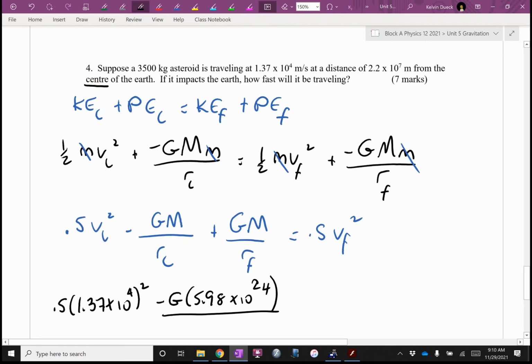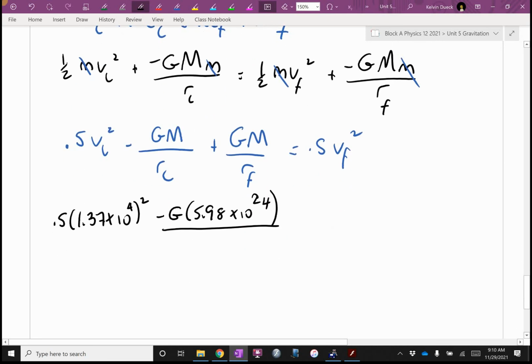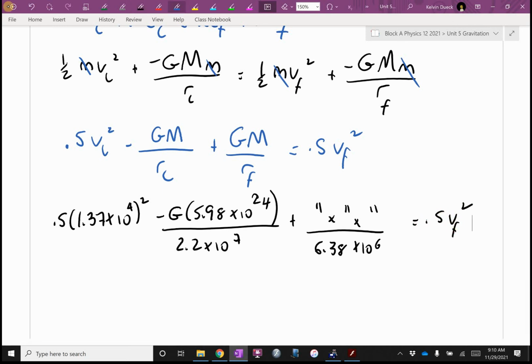It's from the center of the Earth, so it's a radius, 2.2 times 10 to the 7th, plus, same thing times same thing times same thing, all over 6.38 times 10 to the 6th. How come that's in the final location? Because we're ending up on the Earth. That equals 0.5 V final squared.